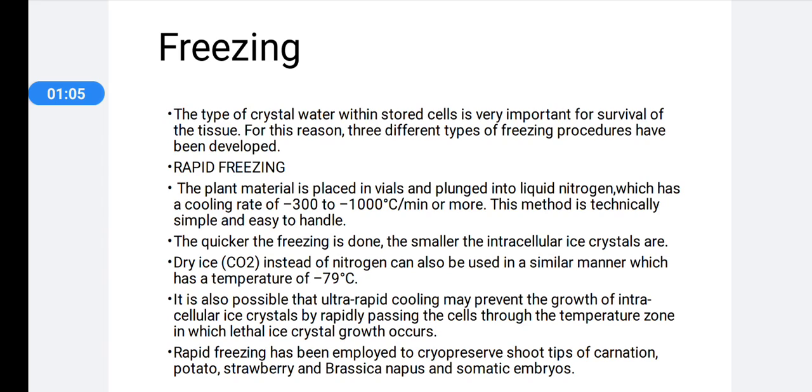We can also use dry ice, that is CO2, instead of nitrogen, and use a similar technique. The dry ice has a temperature of minus 79 degrees Celsius. It is also possible that ultra rapid cooling prevents the growth of intracellular ice crystals by rapidly passing the cells through the temperature zone from liquid to solid.